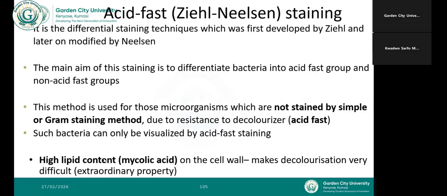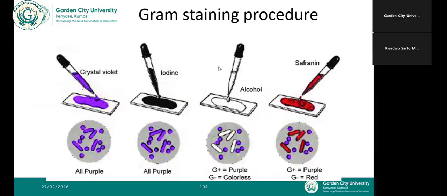Yakubu is asking, if you over decolorize, what will happen. If you decolorize for a long time, assuming you extend to 10 seconds, it means that with time, the gram-positives will also lose the primary color. Just like you want to remove the stains from the towel and then the handkerchief, you are using bleach.